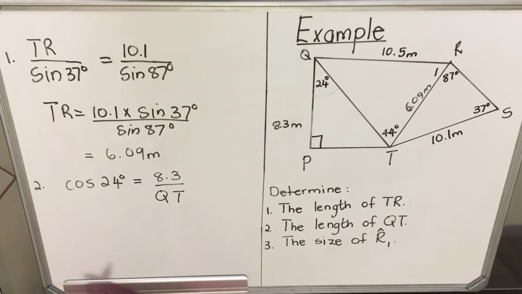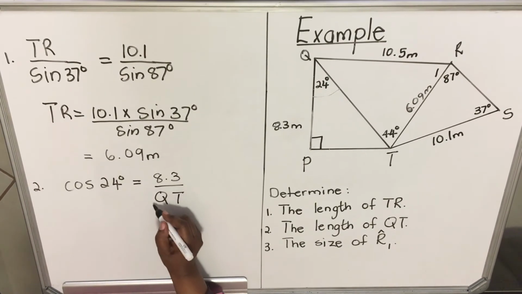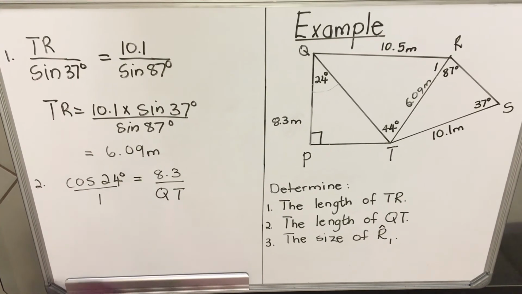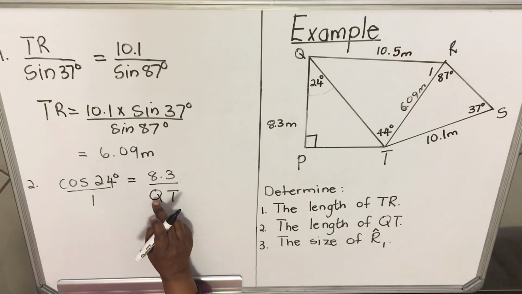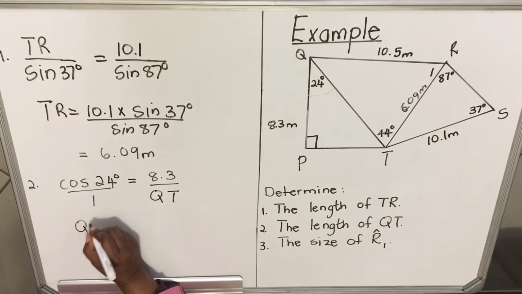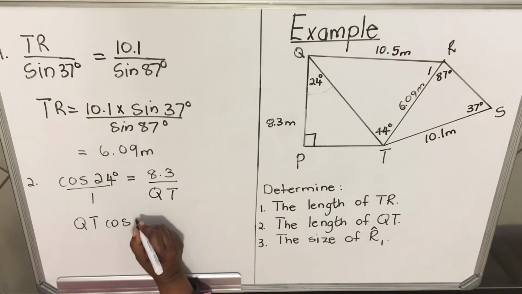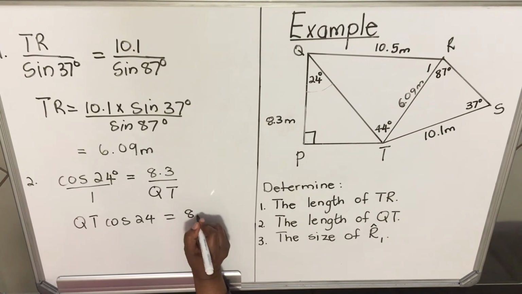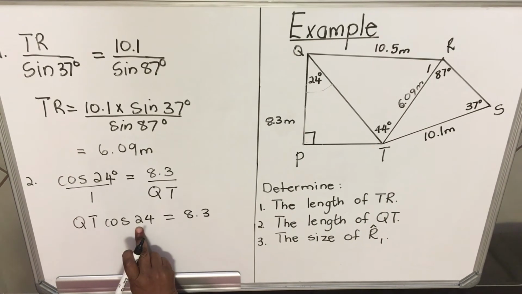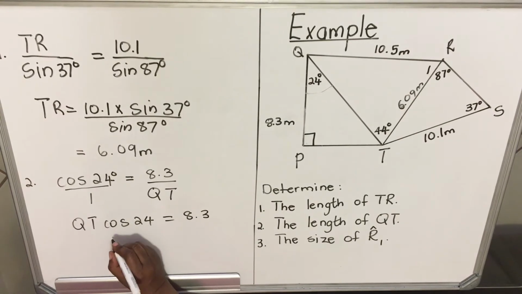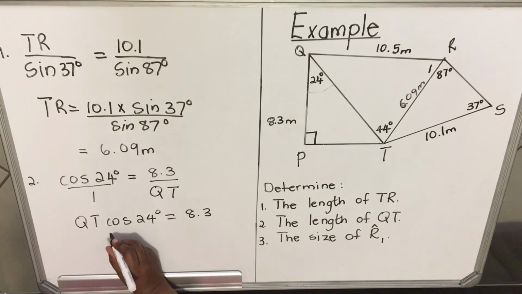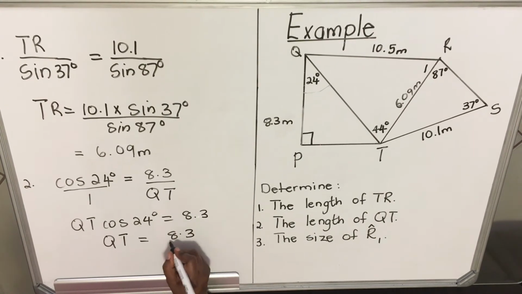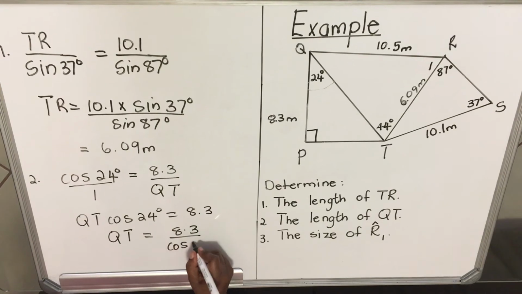Right? So here, with this question, do you see my QT is in the denominator? So I will cross multiply so that I have it there. I'll multiply this and this. Then I have QT times cos 24 is equal to 1 times 8.3, to be 8.3. Then I divide by cos 24 degrees. Then my QT is equal to 8.3 divided by cos 24.